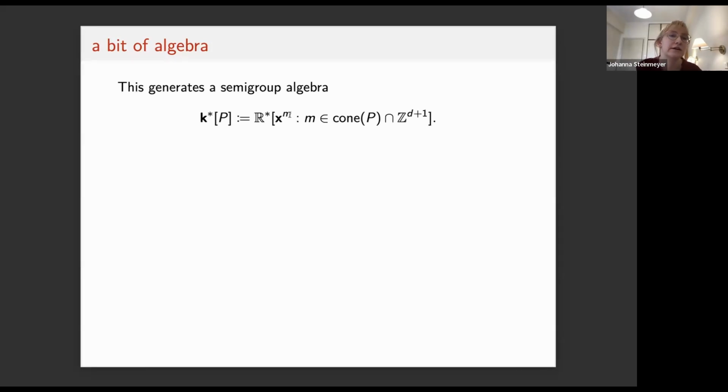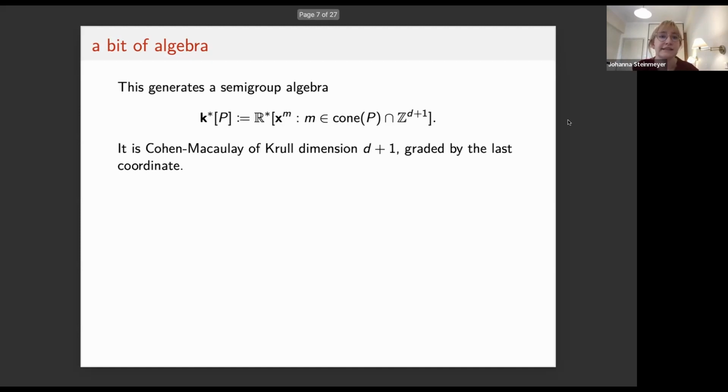So our lattice points are going to be the exponents of our variables. Okay, and just as a sanity check, this is the same as if I had just said, take those that are in the polytope at height 1 and generate the semigroup over that, then take the semigroup algebra. This is combinatorial, so we can work with it well.